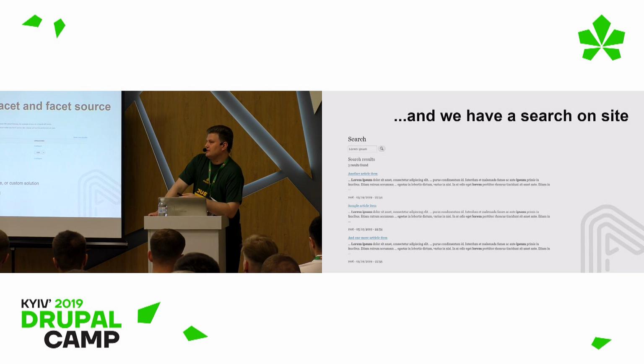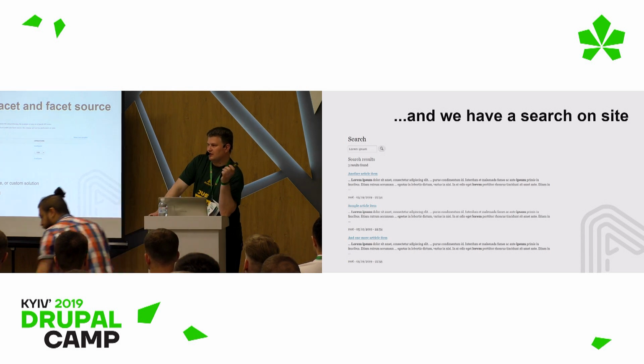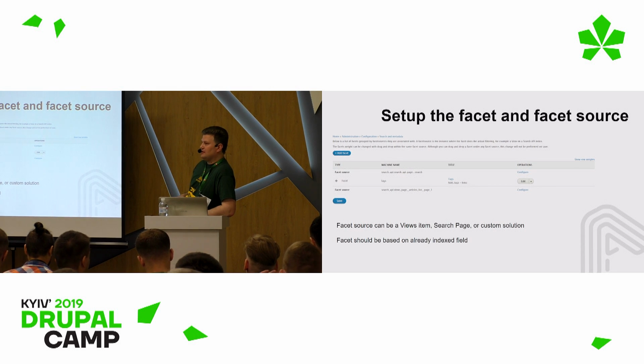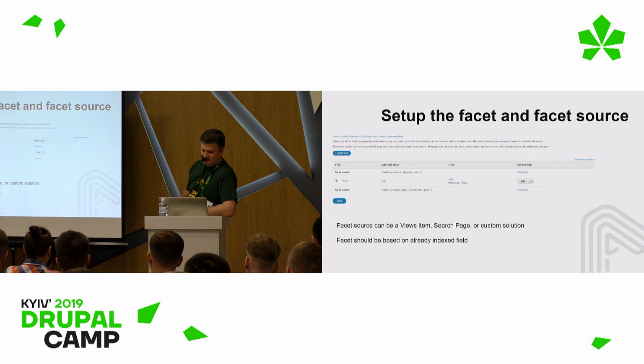As you remember from one of the first slides, we also installed the facet module. And when we need to enable the facet search, we can just create the facet. We can set up a facet filter for a field, as you see on the slide.